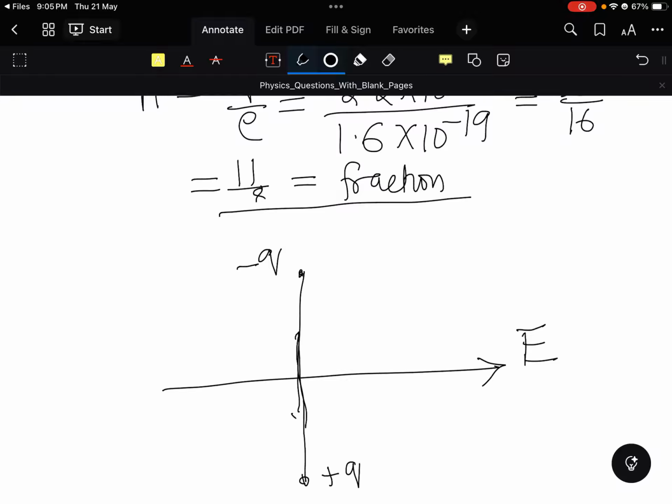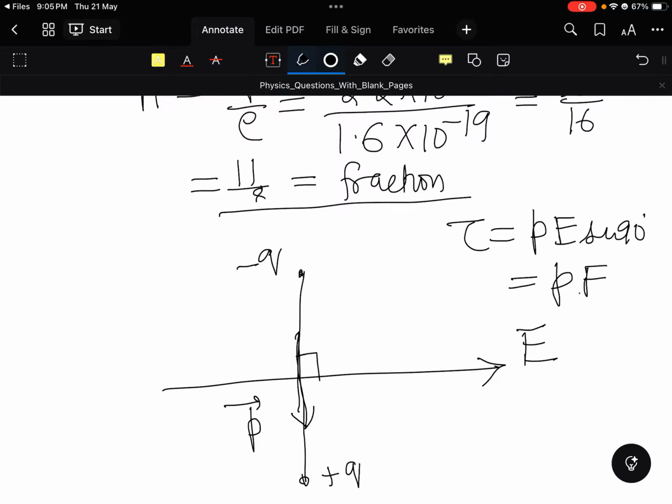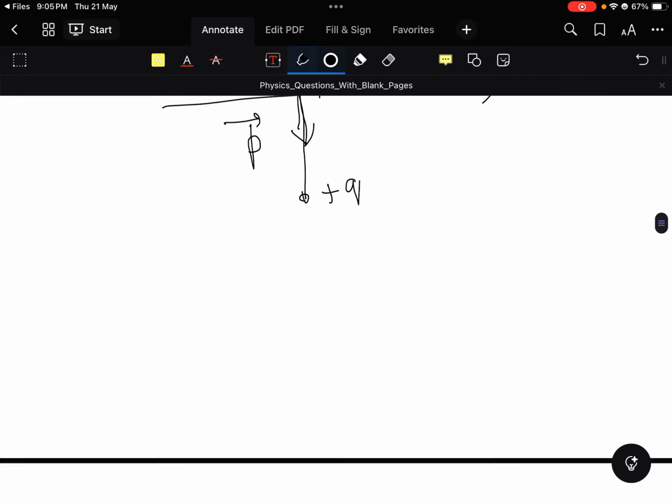Here what is the direction of dipole moment? This is vector P. What will be torque? Torque will be equals to P E sine 90 degree. Sine 90 degree equals to 1. So what is the maximum torque? It will be P into E. So when it is kept right and perpendicular to the direction of electric field.